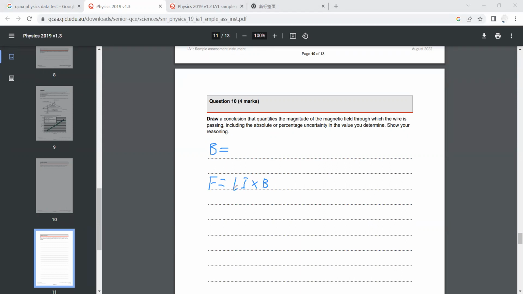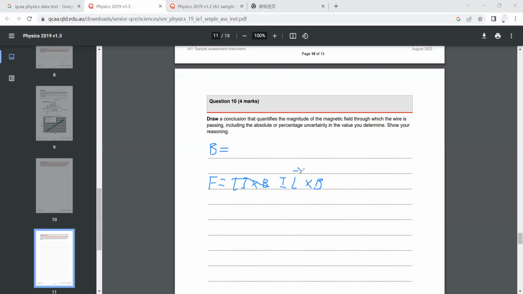And this is a vector formula. It tells us the direction of the force. Actually, it should be L cross B, because I is a scalar, so how can I cross B? L is in the direction of I. Okay, then let's write it out: F equals I L cross B. Remember, L is in the direction of the current, and that's the reason why I wrote I L cross B in the first place.